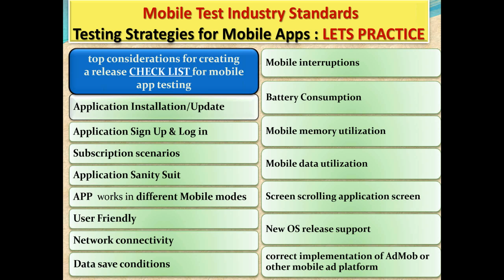As soon as the application crashes, you immediately report this to the developer, because this is a very, very bad case. And last but not least, you need to confirm correct implementation of AdMob or other mobile ad platforms so it does not crash the application, because mobile advertising can crash your application.